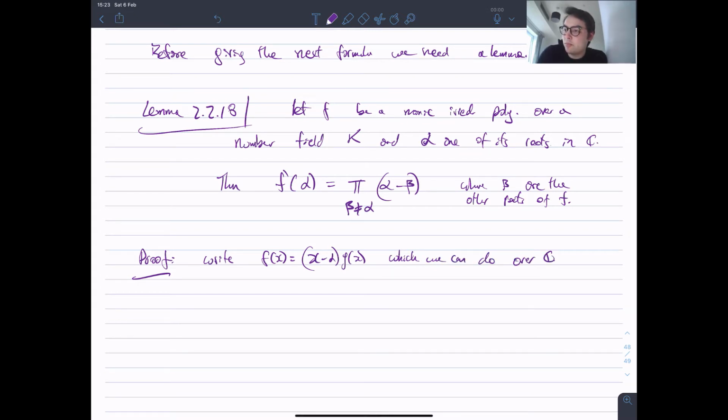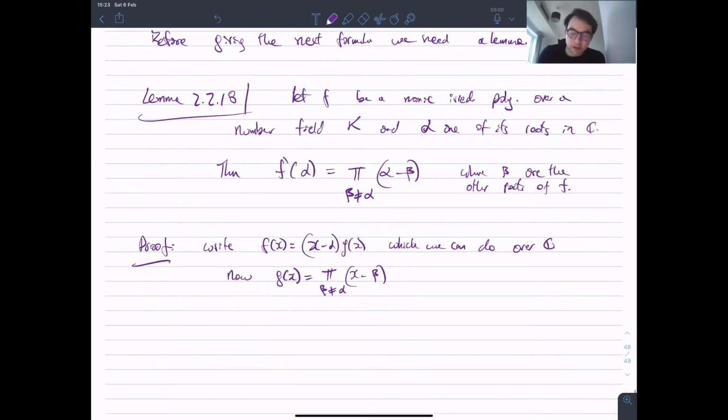Now, notice that g of x is going to be the product over all the other roots beta different from alpha of x minus beta. Why does the root alpha only have to appear once? Well, remember that we proved the separability lemma, saying that if you had a monic irreducible polynomial, then the roots always had just one multiplicity. You couldn't have repeated roots, essentially. So g of x has to be this sort of product.